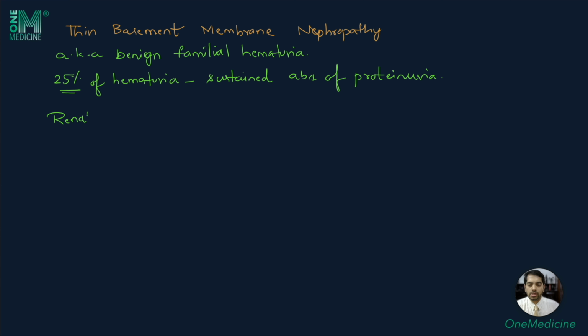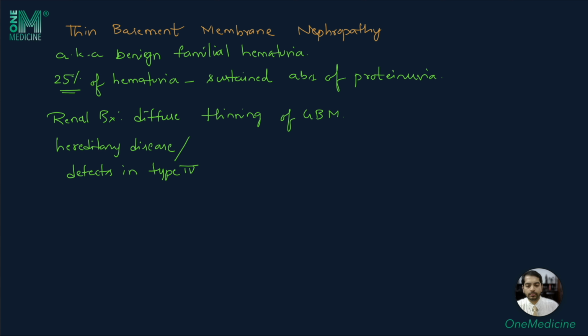Renal biopsy shows diffuse thinning of glomerular basement membrane. It may be a hereditary disease or defects in type 4 collagen.